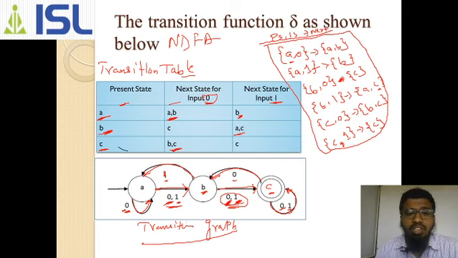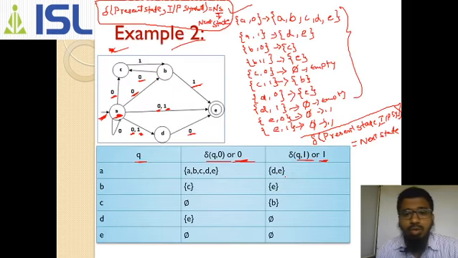So this is a transition table, and this is a transition graph. The difference is simple, but I will tell you in tomorrow's class. In the next class I am going to tell you the difference between DFA and NFA, and we will do some examples. While seeing this graph, we drew the transition function.